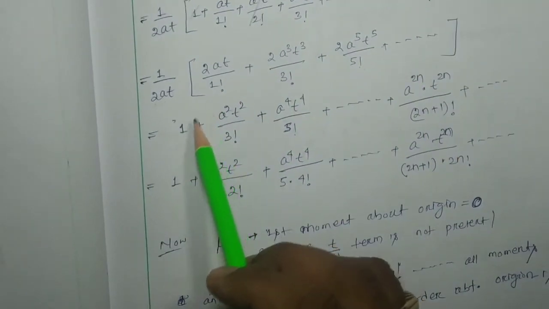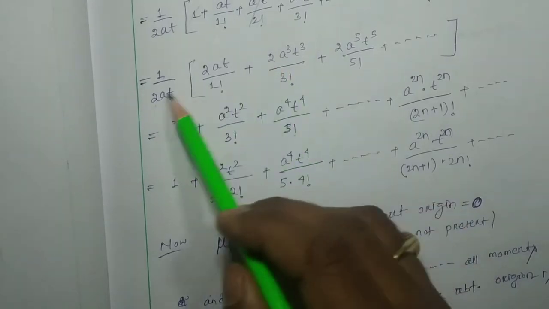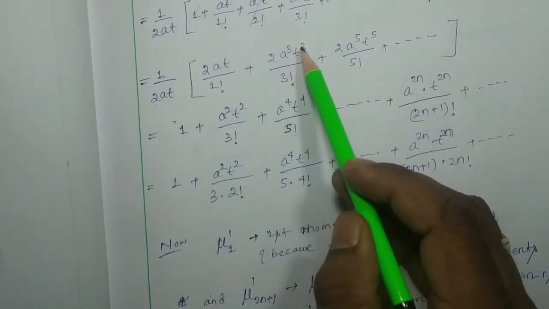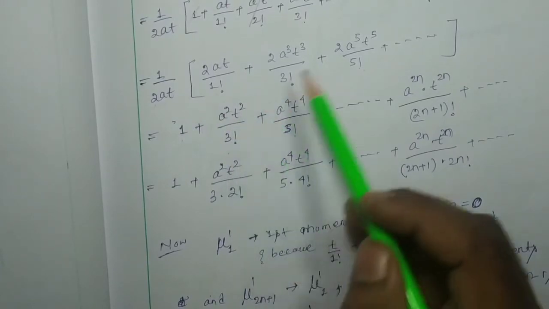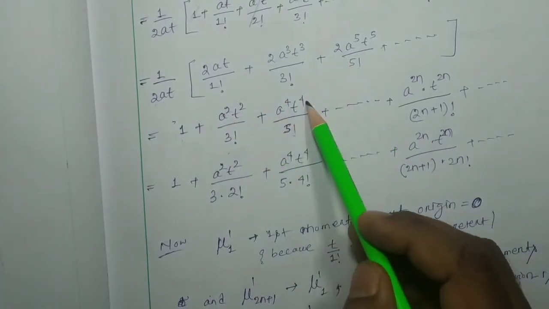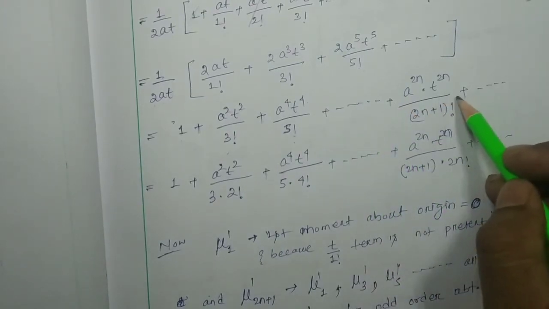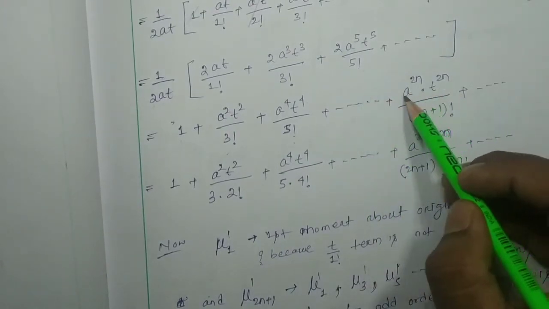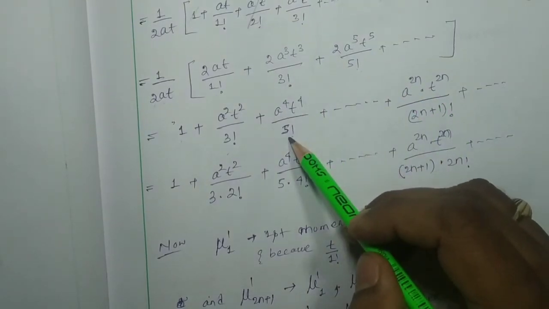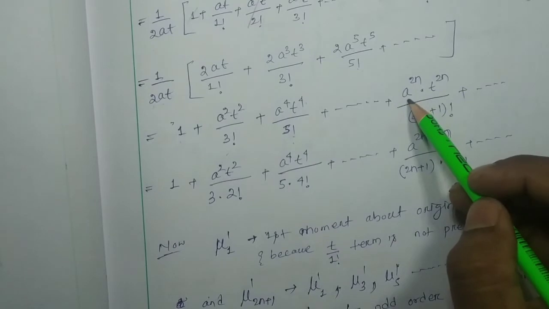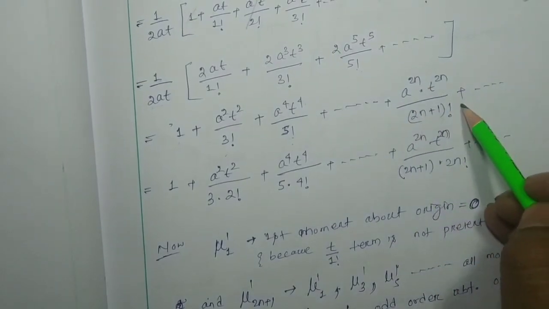We are going to get 1 plus, here at is there, 2 got cancelled, so a square t square by 3 factorial. The next term will be a to the 4 t to the 4 by 5 factorial, and so on. In general we can write a to the power 2n t to the power 2n by 2n plus 1 factorial, plus so on.